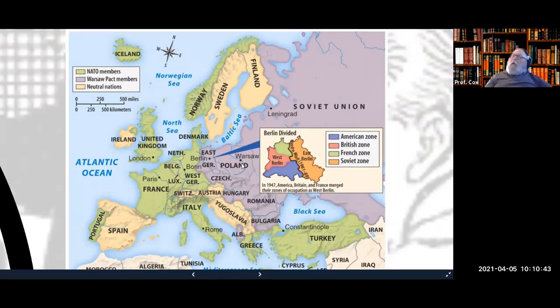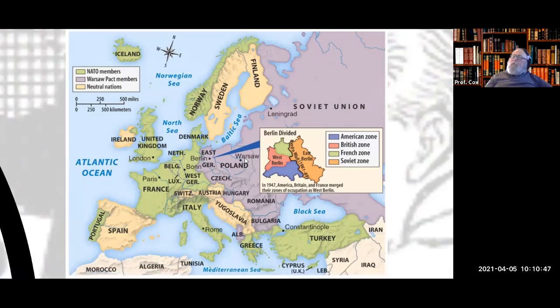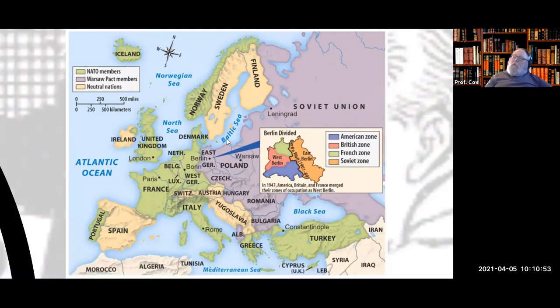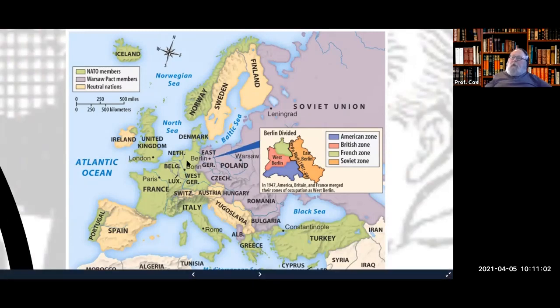Okay, and at the end of the war, both sides, the Soviets and the West, contemplated continuing the war. Churchill basically said that the West should immediately declare war on the Soviets to take over the rest of Europe, because if they didn't, they would be in conflict with them for a long time, which turned out to be true, right?